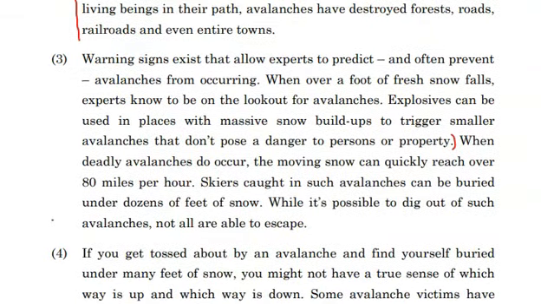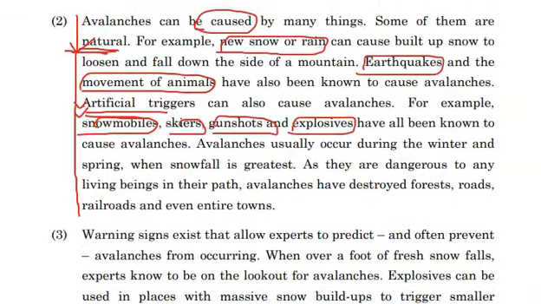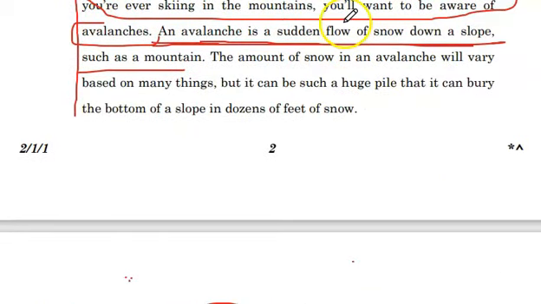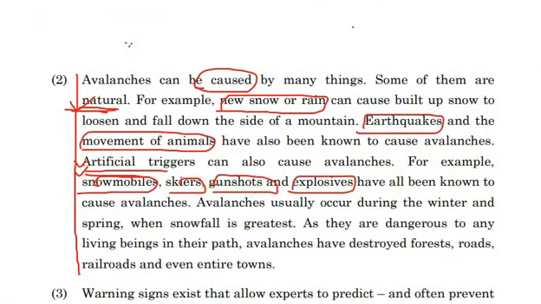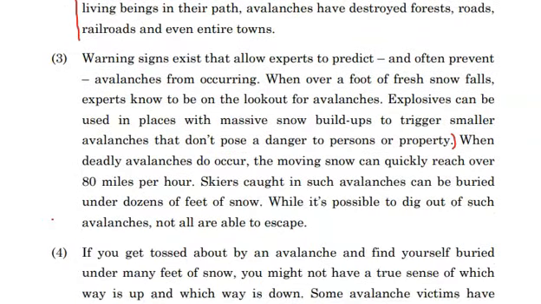Now let us move on to the third paragraph. Now you do one thing more. Try to connect the information given in the first paragraph with the information given in the second paragraph. This will help you develop a complete understanding of the passage.